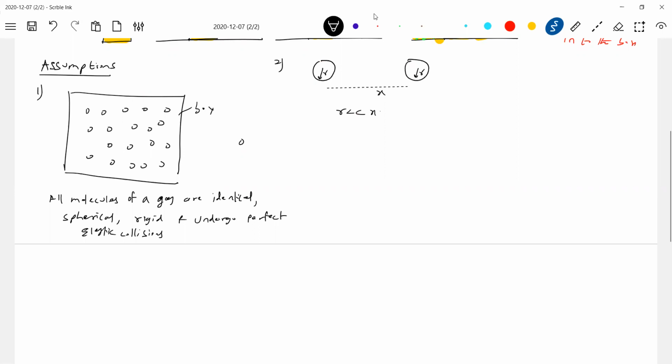The distance between molecules is X and the radius of the molecule is R. So the size of a molecule is small or negligible compared to the distance between molecules, and this is very, very important. So I'm writing R less than X.